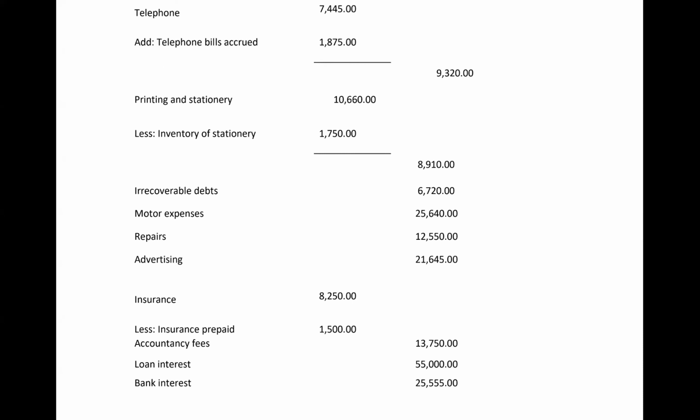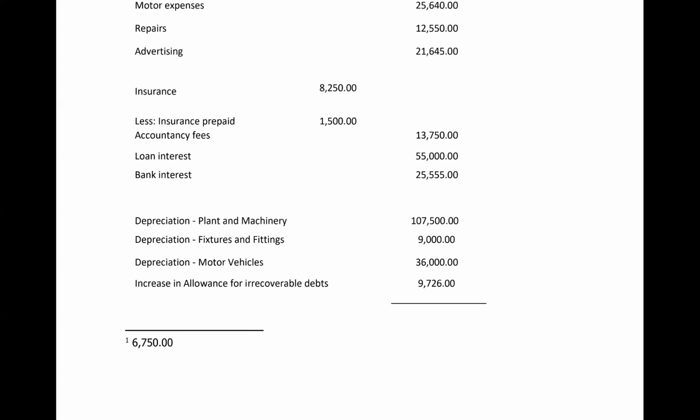I'm validating the point that I told you that the bank interest is an expense. Depreciation, you've seen now. We just calculated the first one on the straight line. I just did the first one. Then the second one, I wanted to show you how to do reducing balance in case you find reducing balance.